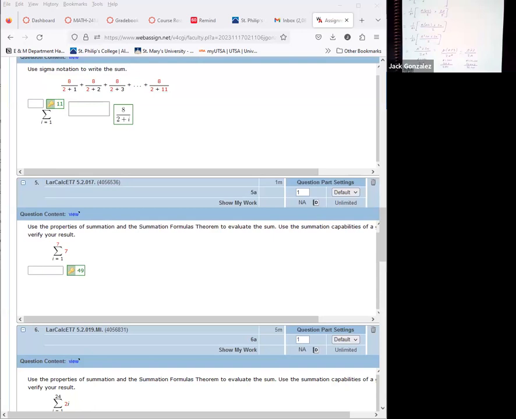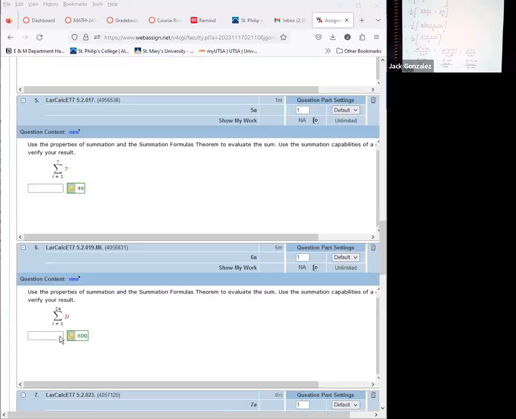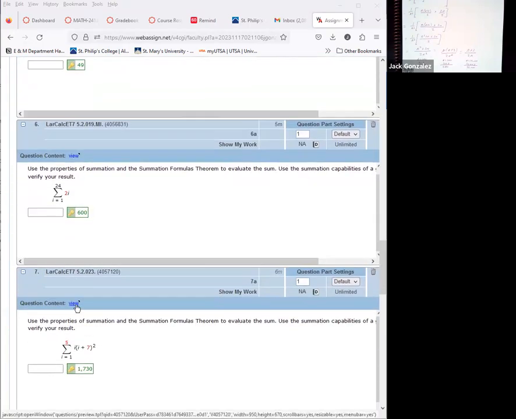This one's going to be simply using formula 4. This is equal to C times N, where C is 7, N happens to be 7, which is 49. Here they use equation 1, but they factor the 2 out first.